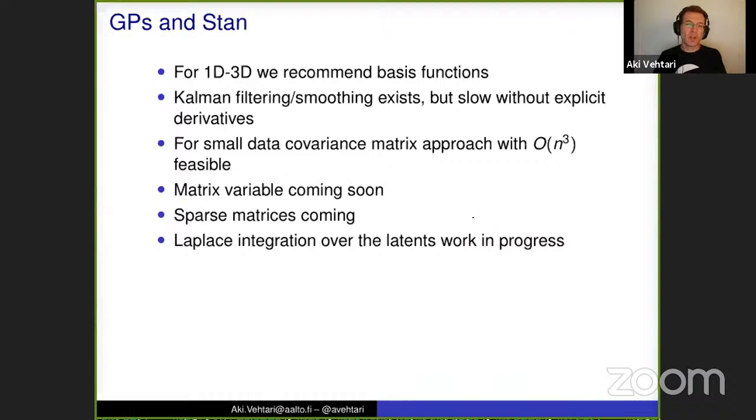We have work in progress on Laplace integration over the latents. It's more suitable for something like Stan than variational inference. And then we get a similar advantage as in the INLA software. And specifically, we've also looked at how we need to do the autodiff differently when we have a lot of hyperparameters.